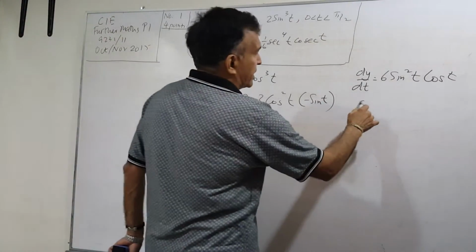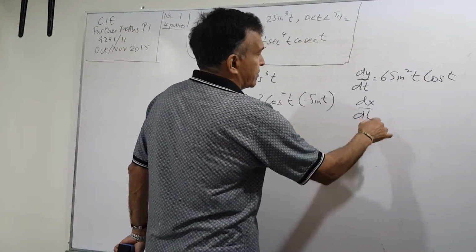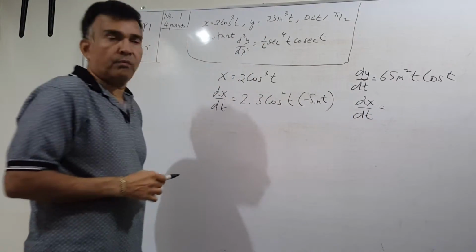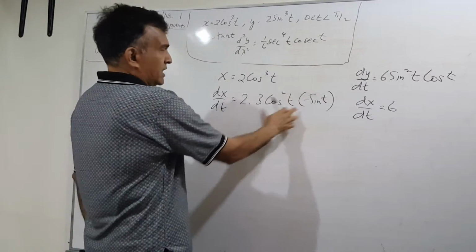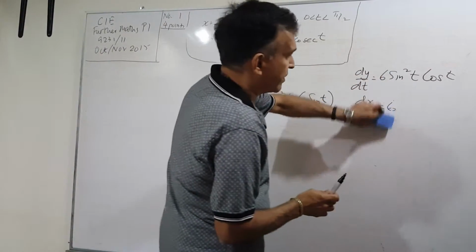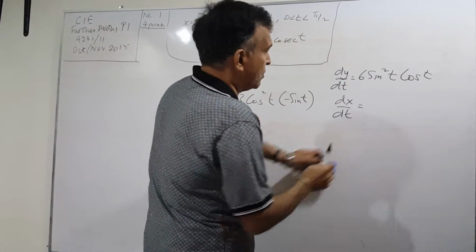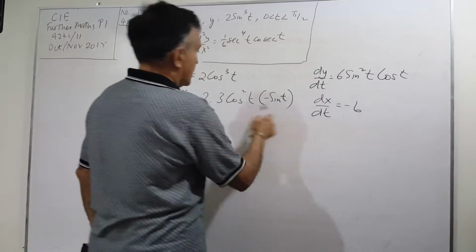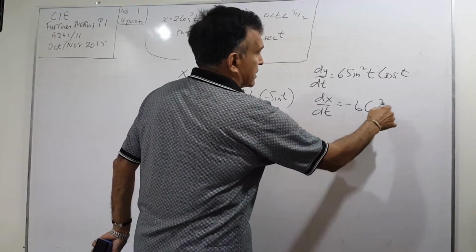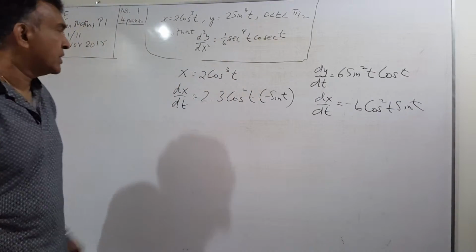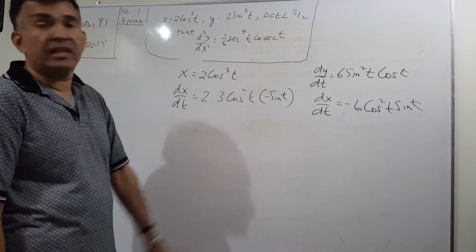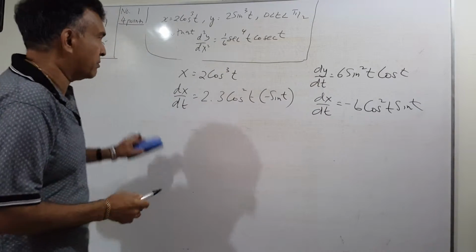So dx dt will be equal to 2 times 3, 6, with a minus in front. So I have minus 6 cos squared t sine t. And we are done with that part.